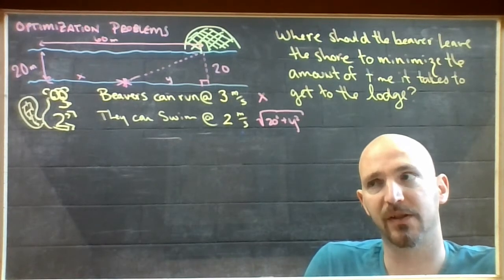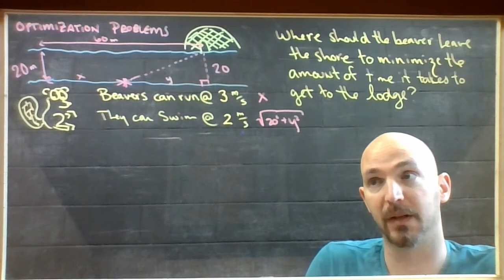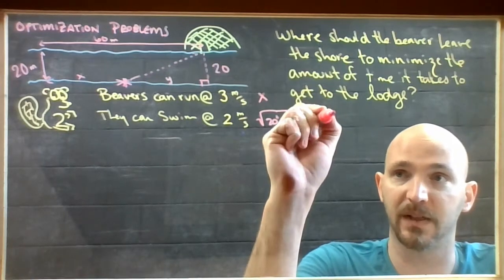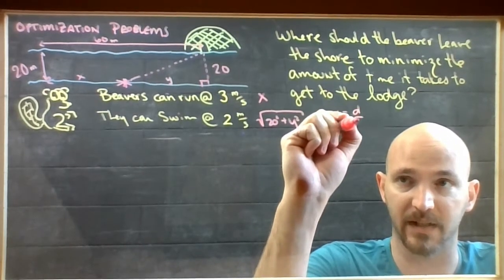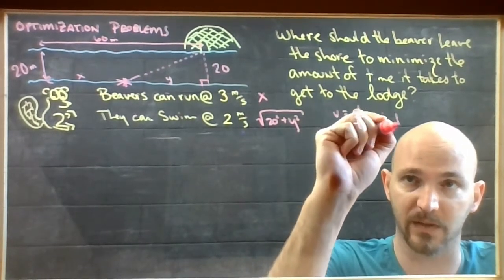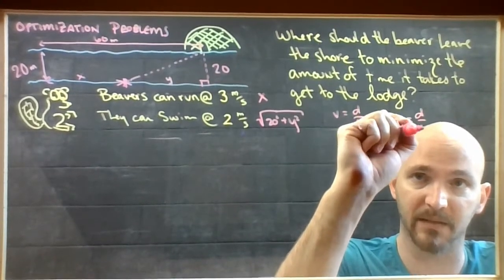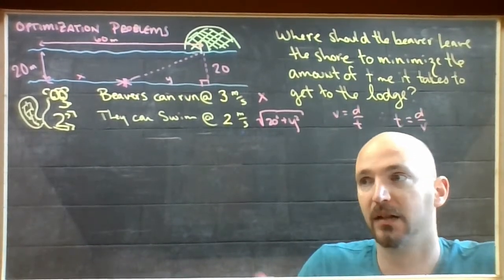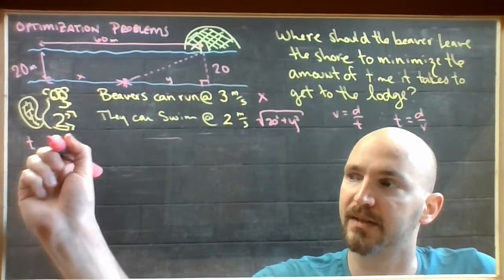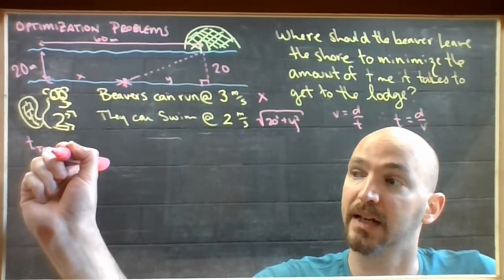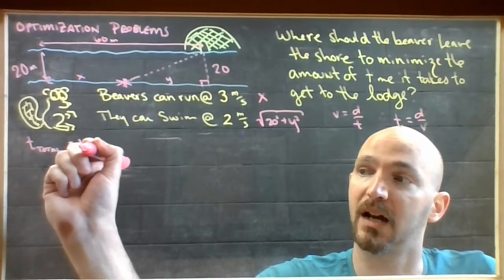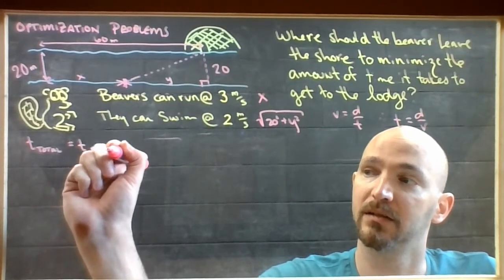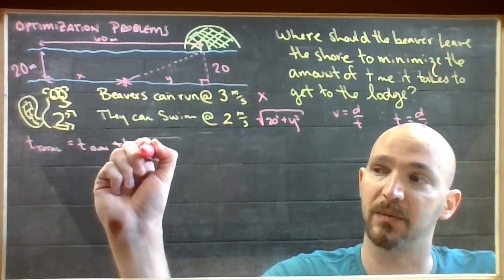So if I were to actually try and get some time out of this, physics will tell you that your speed is your distance divided by your time. Therefore, your time is your distance divided by your speed. So the total time for this particular escape will be the time spent running plus the time spent swimming.